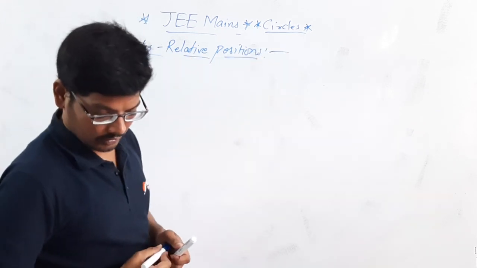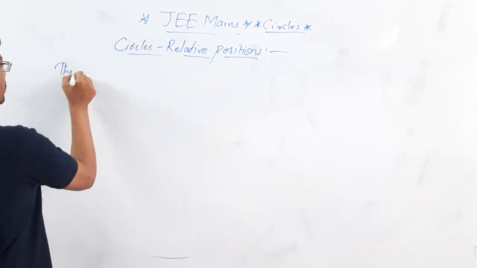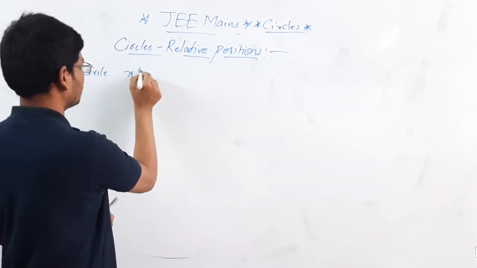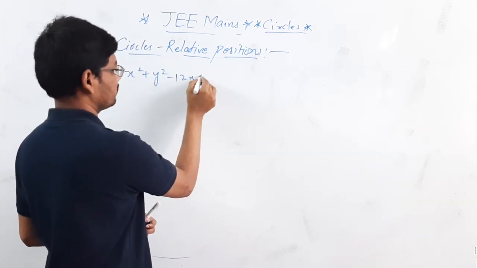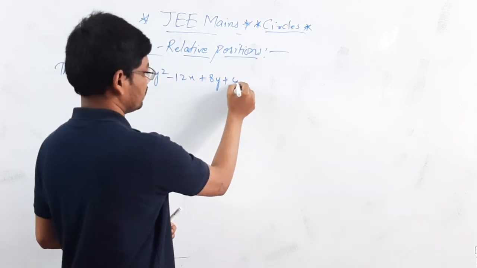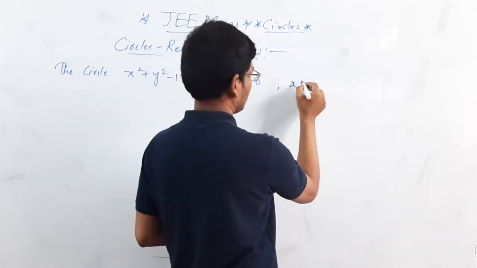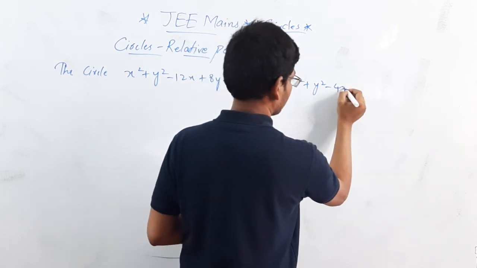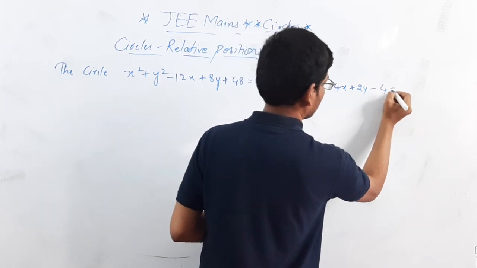The first question: the circle x square plus y square minus 12x plus 8y plus 48 is equal to 0, and one more circle is given, x square plus y square minus 4x plus 2y minus 4 is equal to 0.